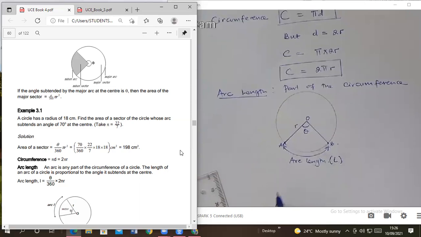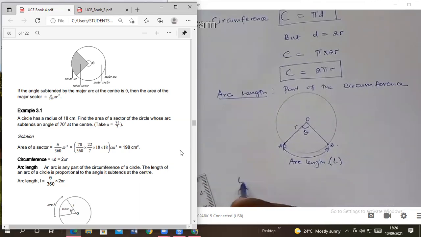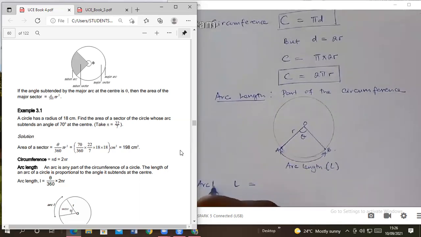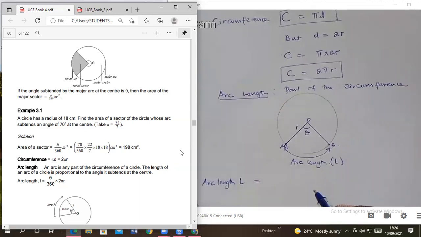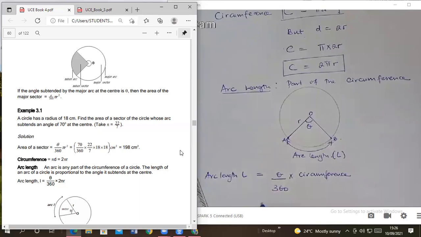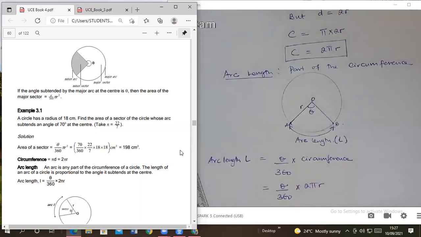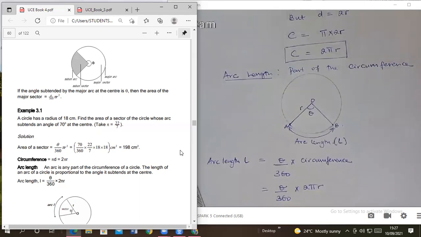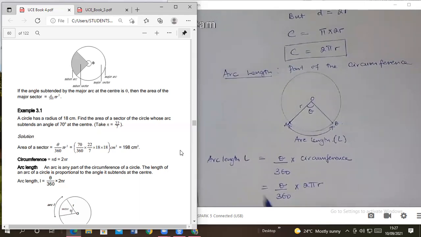So the arc length L is equal to theta out of 360, then times the circumference. So it is theta out of 360 times 2 pi r. That is the formula you can use to find the arc length.